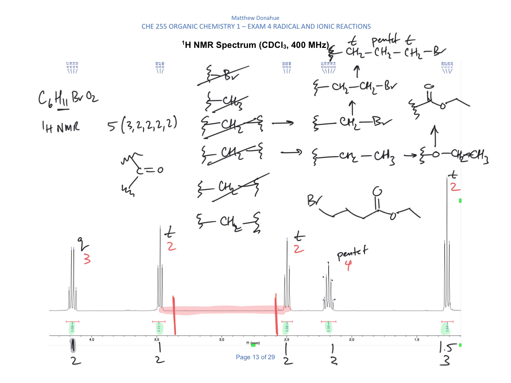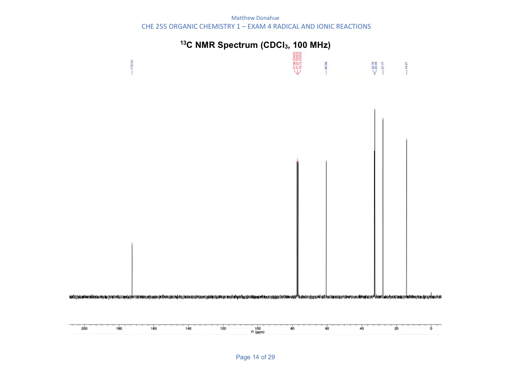So it's an ester. So now we're going to move on to the carbon data. And one thing I want to point out about the data that's shown, even though I didn't explicitly mention it on this exam, it has been mentioned in lecture. This cluster of peaks here is not in the product.